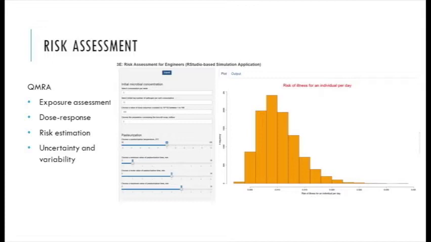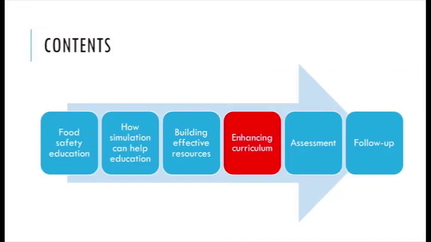Likewise, this risk assessment is also built using the software R, that is a public domain software, and it does not need any other resources, and these modules can be downloaded and used, and these are typical screenshots from the software. It can do the exposure assessment and dose response and so on, and this is the final histogram showing the risk.